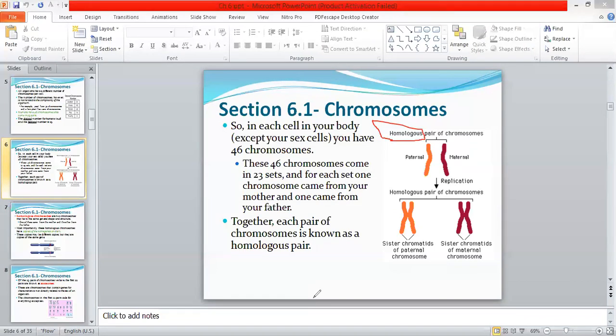They are paired together just in meiosis division. No homologous chromosomes pair during mitosis. They pair up during meiosis only.